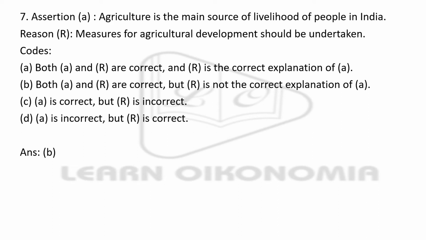In these kinds of questions, you have to read both the assertion as well as the reason given, and see whether these two things match or not. If they match, we can say it is the right explanation. And also you have to see whether both the statement as well as the reason are right or wrong.